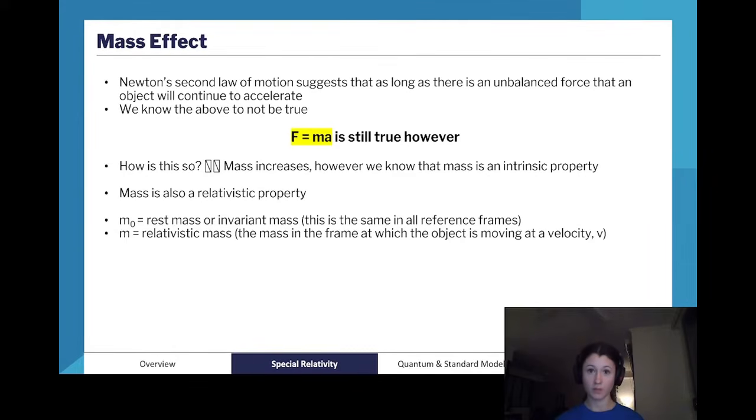The relativistic mass is going to be measured by a scientist standing in the room watching the muon whizzing about, because that is the frame in which the object is moving. For the tiny person standing on top of the muon, the muon is not moving. The muon is staying still, the world around them is moving. Right.